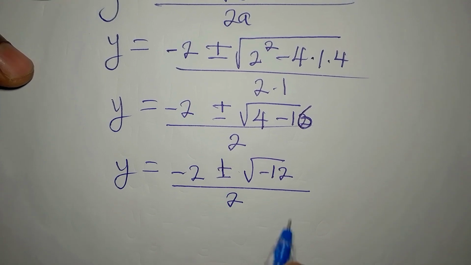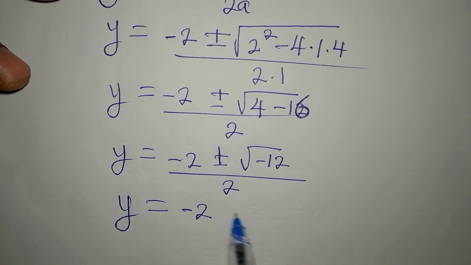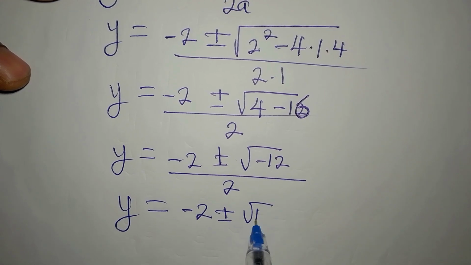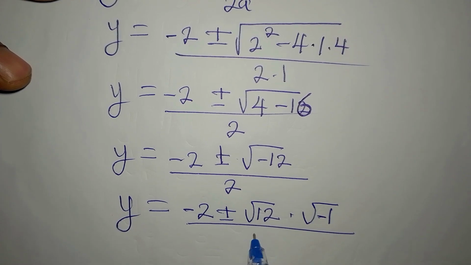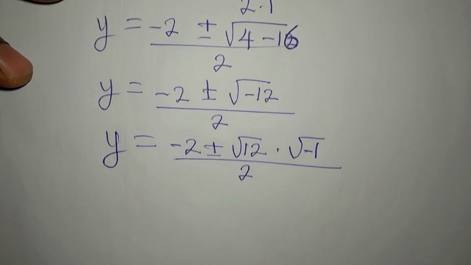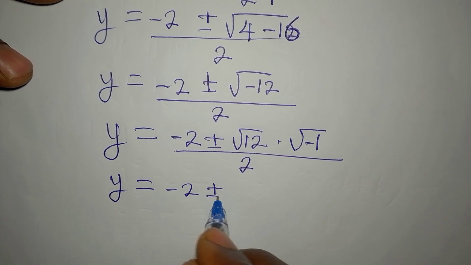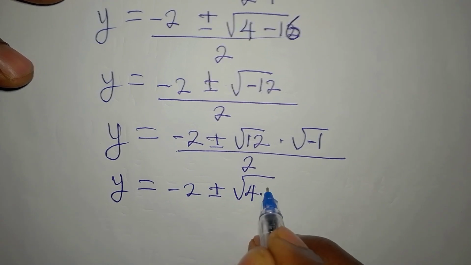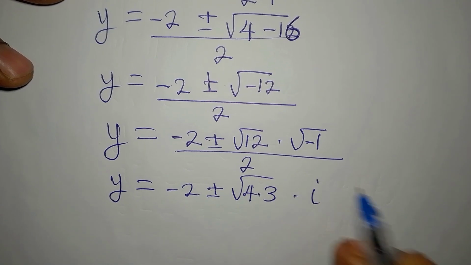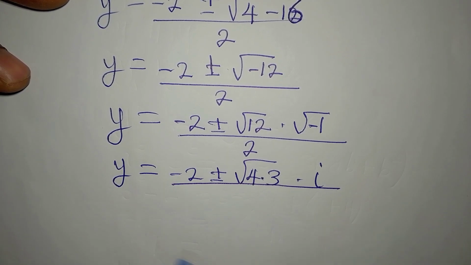But I always pick out this negative, so y will now be minus 2 plus or minus square root of 12 times square root of negative 1, all over 2. Our y will now be minus 2 plus or minus, 12 here is the same thing as 4 times 3, then times i. Square root of negative 1 is imaginary, so we write i there.